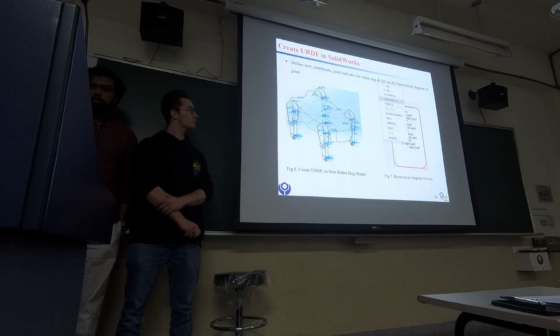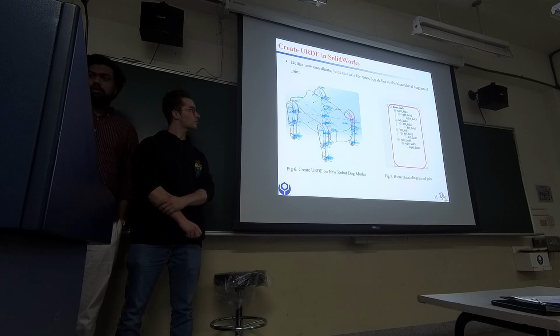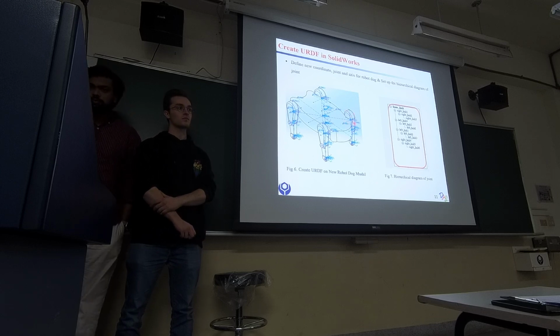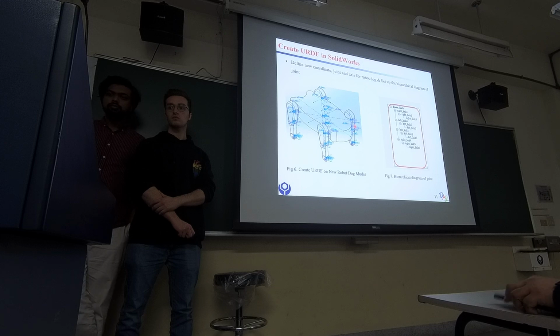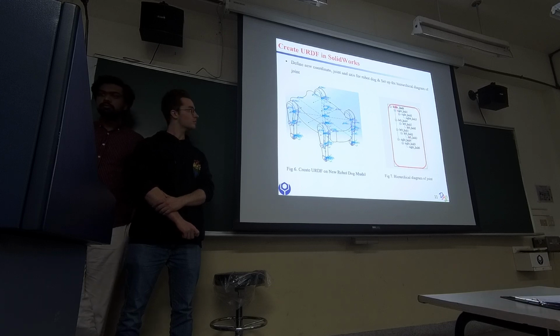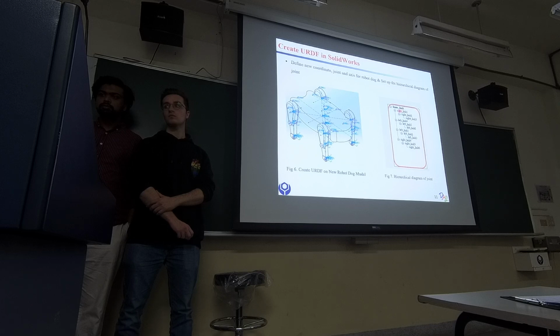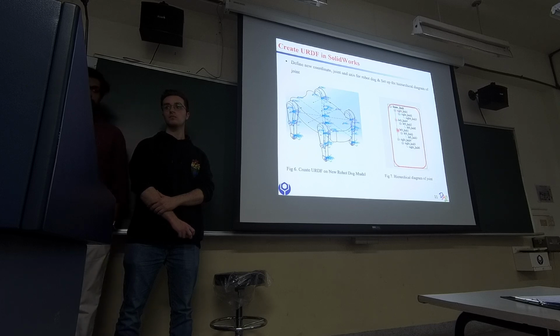And then we create the URDF on the model to define the new coordinates, joints, and axes for the robot dog. We can see the picture on the right-hand side. We use the base link as the foundation and extend 4 coordinates outward for this one, this one, this one, and this one.